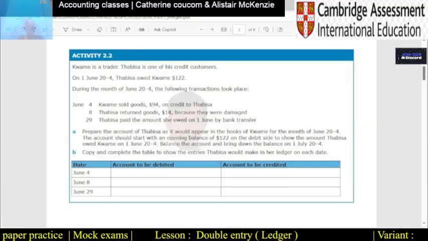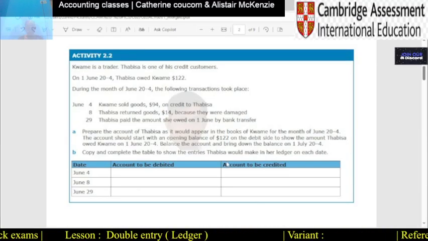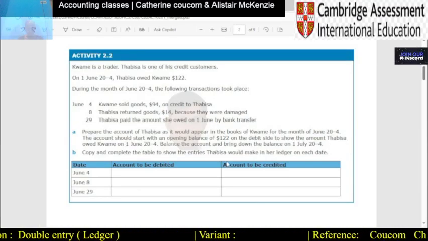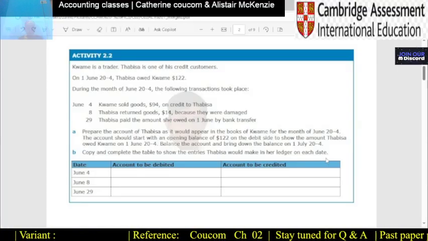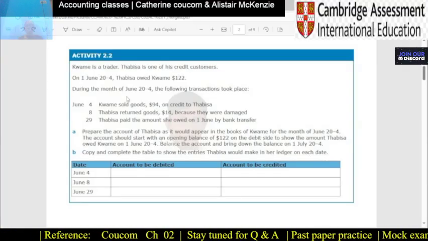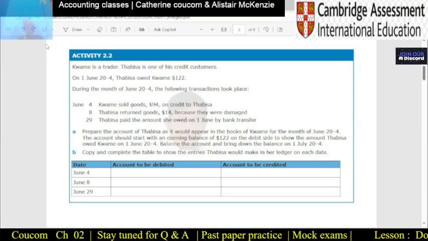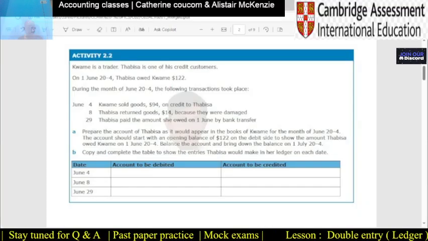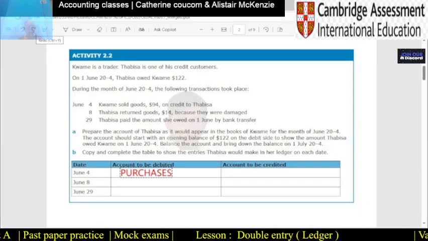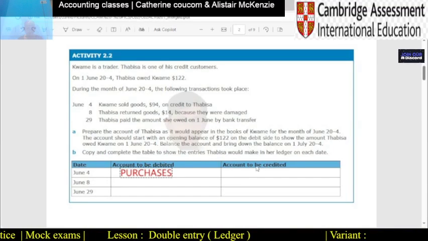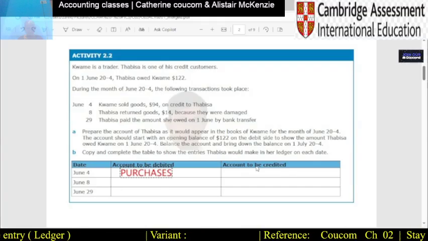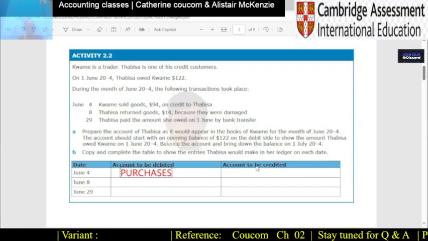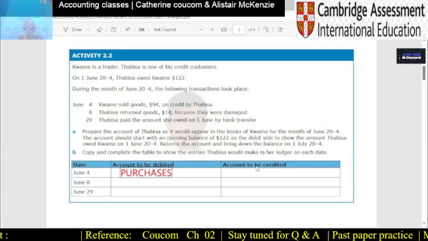Now copy and complete the table to show the entries Tabisha would make in her ledger on each date. Okay, so amount to be debited, June 4th, Kwame sold goods. Purchases. So when Kwame sells, Tabisha would purchase.